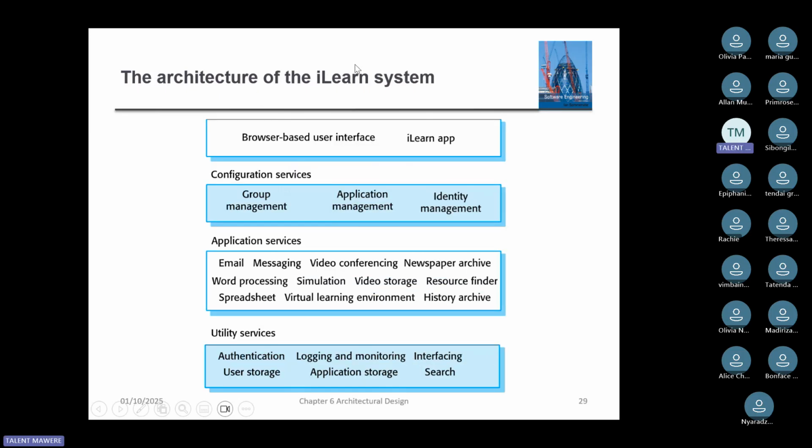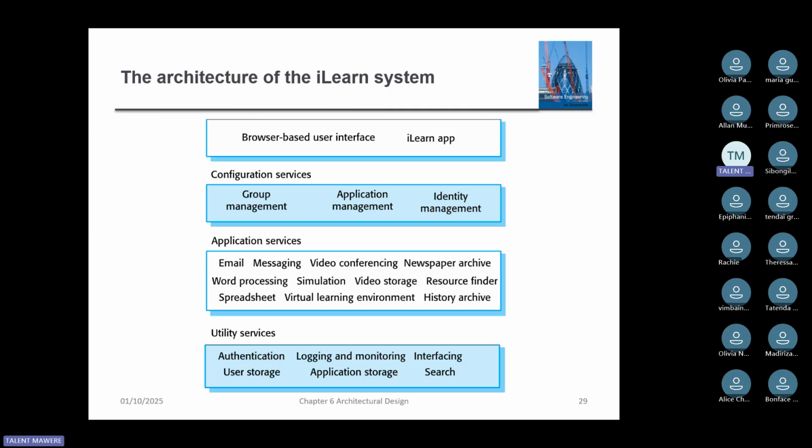This is the iLearn system. It's an application designed to support online learning, and I've just represented it as a layered architecture there. We have our browser-based user interface, the iLearn application.